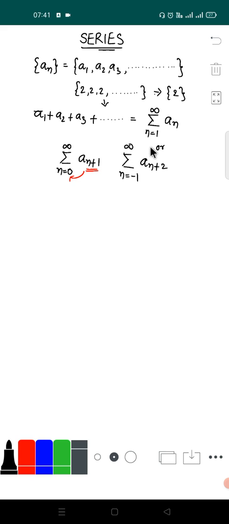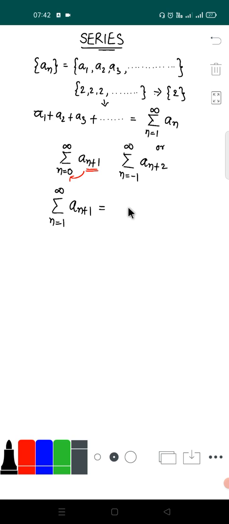Otherwise you can also represent a series like this: summation of a n plus 1, where n equals 1 to infinity.